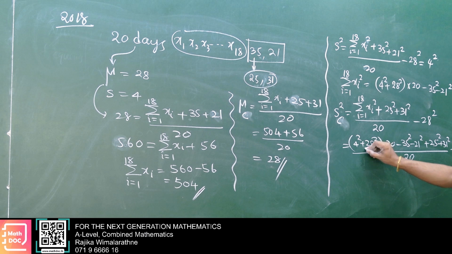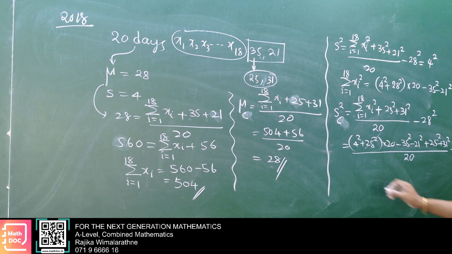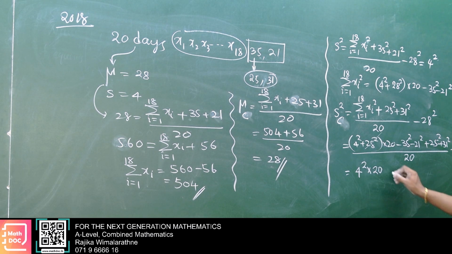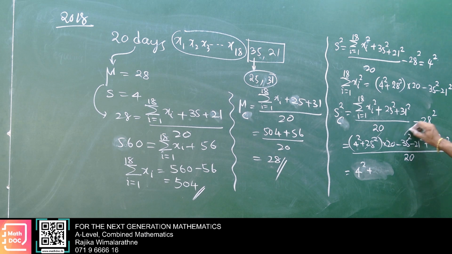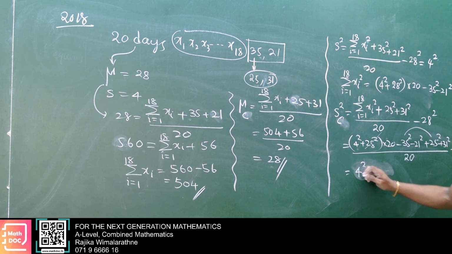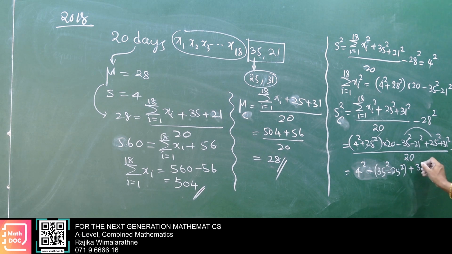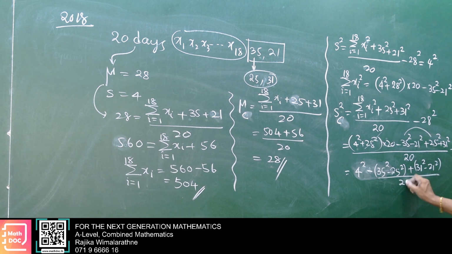Now simplify. Here 4 square into 20, the 20 cancels, leaving 4 square. Then minus 35 square minus 21 square plus 25 square plus 31 square, over 20.